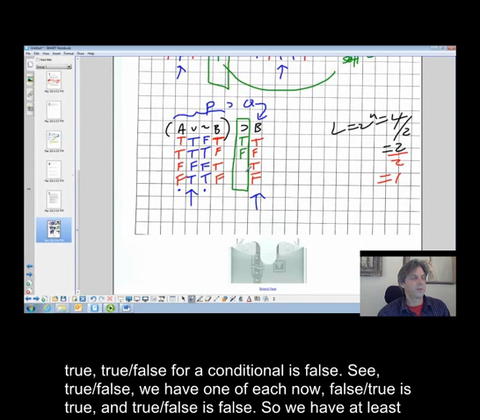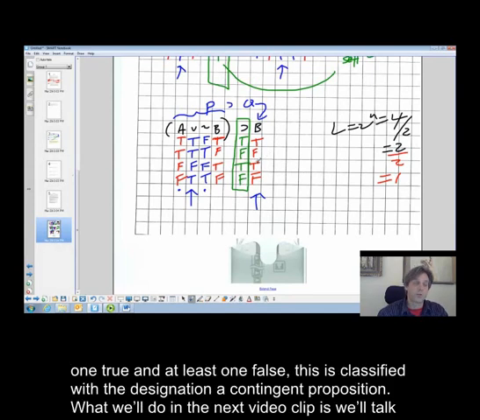We have one of each now. False, true is true, and true, false is false. So we have at least one true and at least one false. This is classified with the designation a contingent proposition.